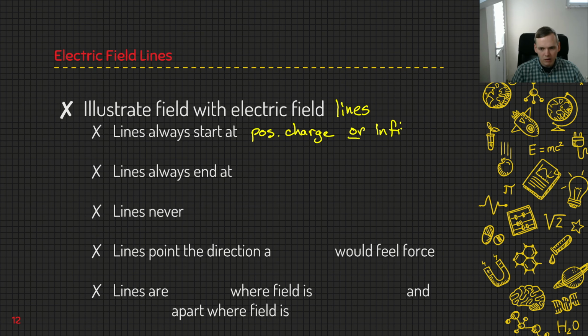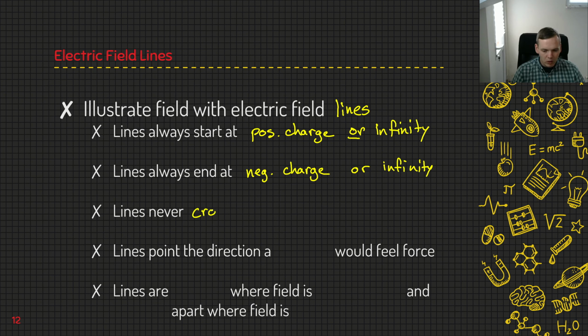They could start way off, infinitely far away. They will always end at a negative charge or infinity. Either they come in and stop at a negatively charged object, or they go out to infinity.